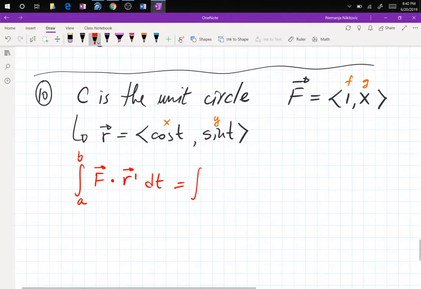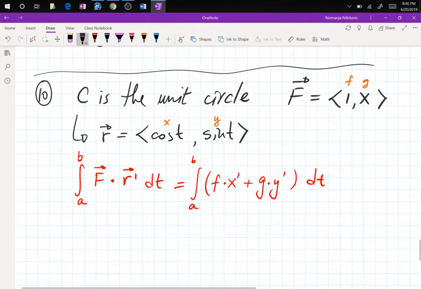So, for the two-dimensional version, we are 0 to 2 pi. I'll keep it a and b, still a formula. For the two-dimensional version, my integrand is f times x prime plus g times y prime dt.